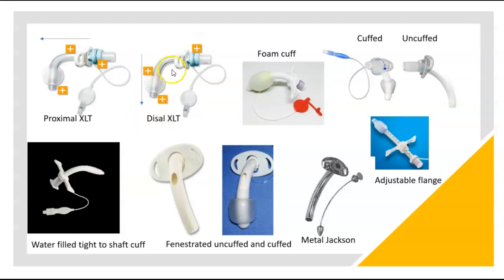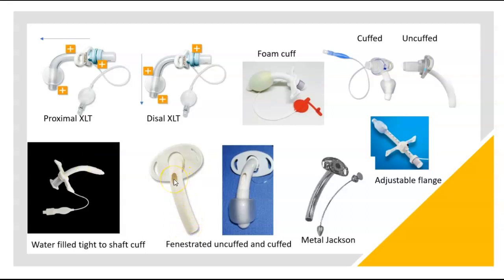If I have a tracheomalacia located right about here, I might need this extra length to get past that and make sure it's not occluding the end of my trach tube. Again, this is an example of what a foam cuff looks like. Here's an uncuffed versus a cuffed versus an uncuffed. And the water-filled, tight-to-shaft cuff is good to reduce the amount of airway resistance or obstruction and helps facilitate weaning.